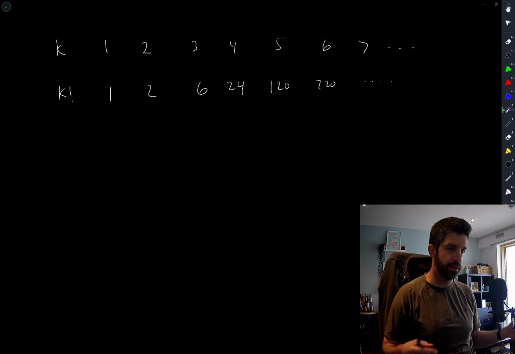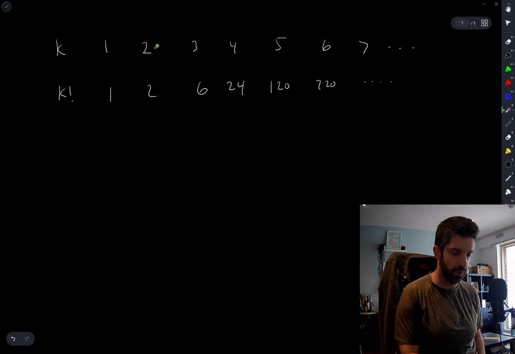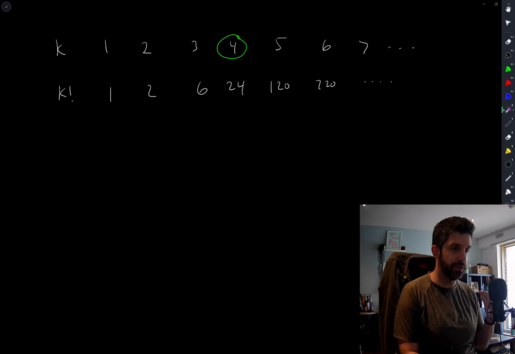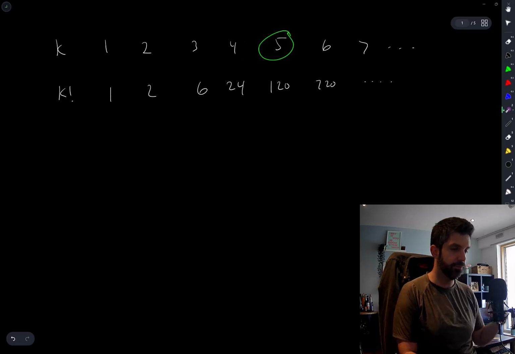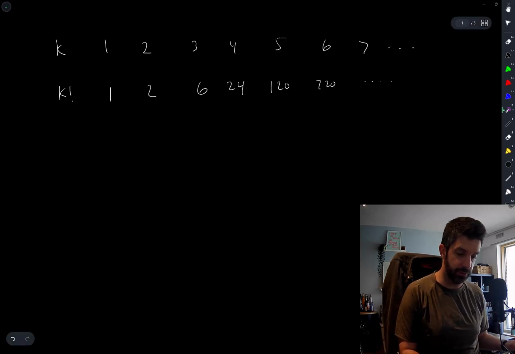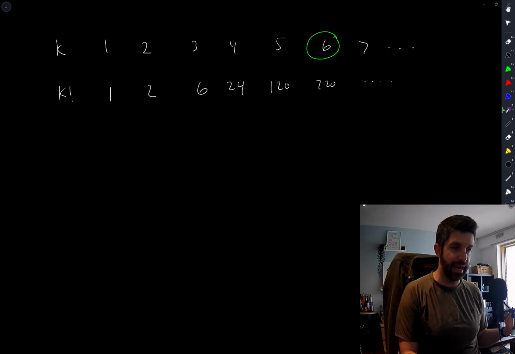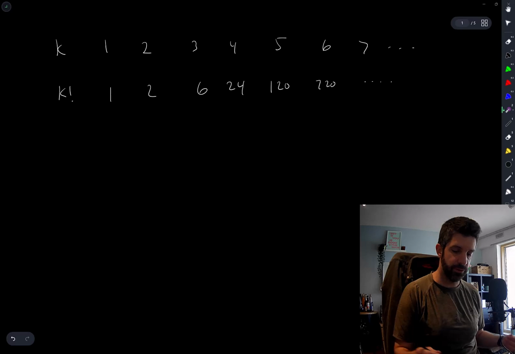Anytime I add a 2 or a 5, it's because I'm increasing k. As I go from 2 to 3, 3 gets added as a prime factor. As I go from 3 to 4, I multiply by 4, so I get 2 factors of 2. Then I multiply by 5, that's a single factor of 5. Here I'm multiplying by a factor of 3 and a factor of 2, and then 7, and so on.